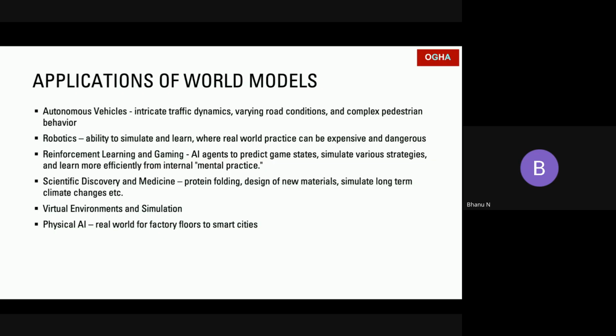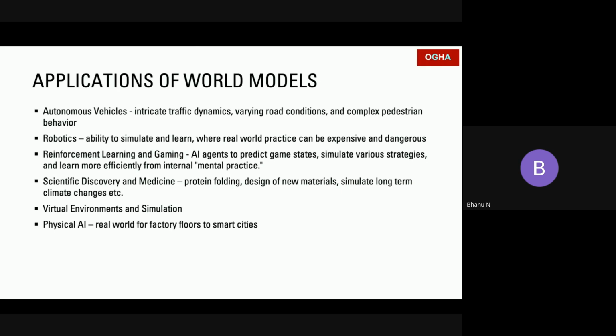They're not there yet. How long will it take? It'll still take a significant amount of time as we see it. But these improvements and breakthroughs actually help in making it realizable faster. So they need to learn the intricate traffic dynamics, varying road conditions, varying light conditions, and complex pedestrian behavior, other vehicles' behavior, other drivers' behavior, and so on.